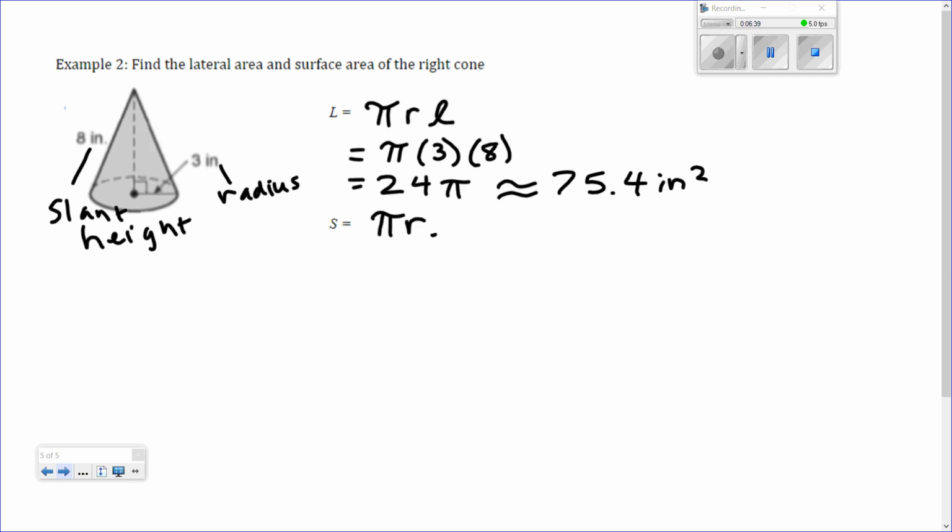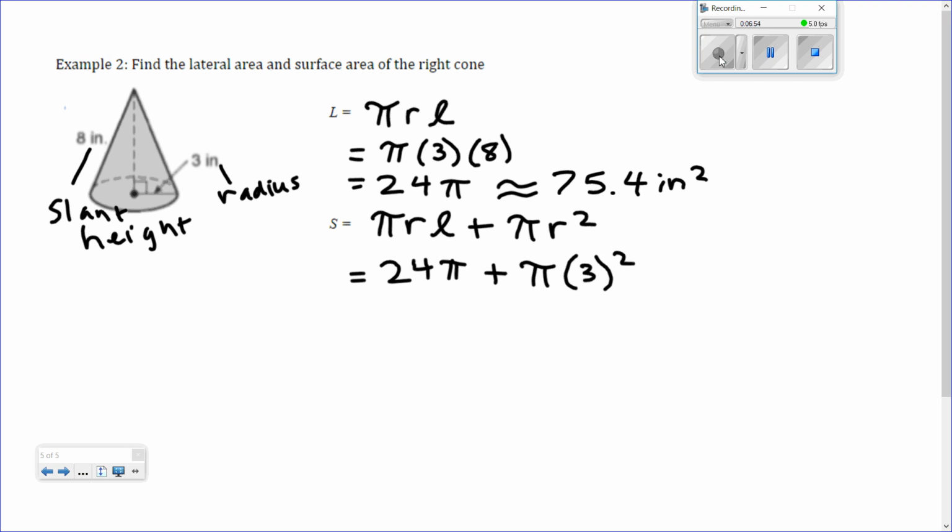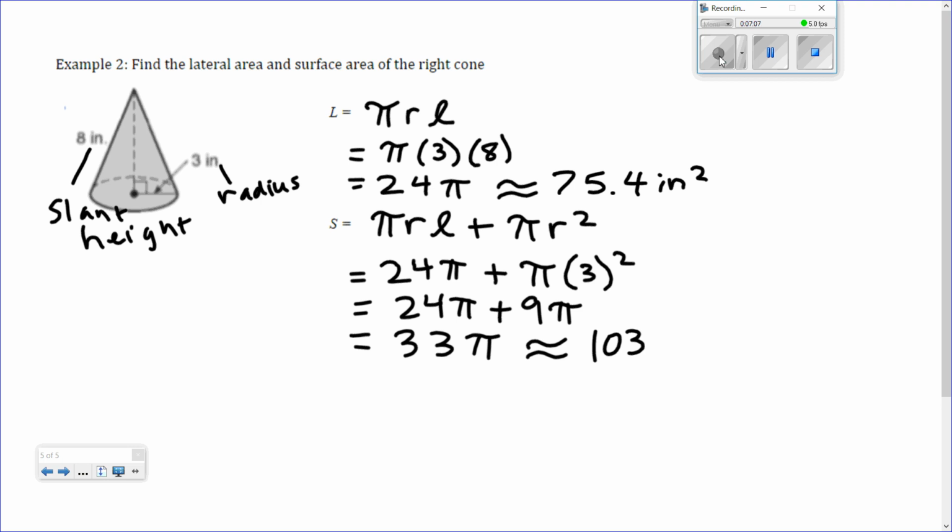Remember, your surface area is your lateral area plus the area of your base. So I've still got 24 pi plus pi times 3 squared. So 24 pi plus 9 pi gives me 33 pi, or approximately 103.7 inches squared for my area. Okay, so those are the ones for our pyramids and cones.